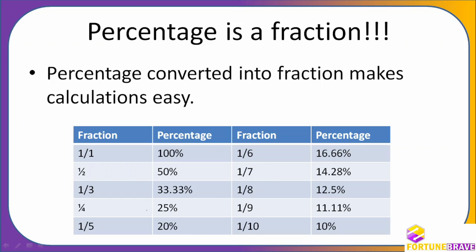It is possible. Okay, so to understand and to solve the questions very, very fast, we are going to take some fractions and convert them into percentages. So there is 1 by 1. 1 by 1 means what? 1 by 1 means 100 out of 100, means 100%. 1 by 2.